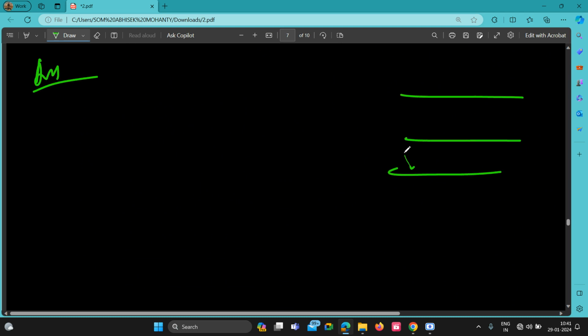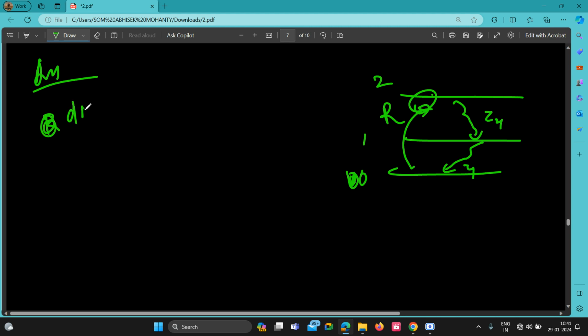Again I will explain. R is going into state 2, so R is positive in the rate equation for state 2.